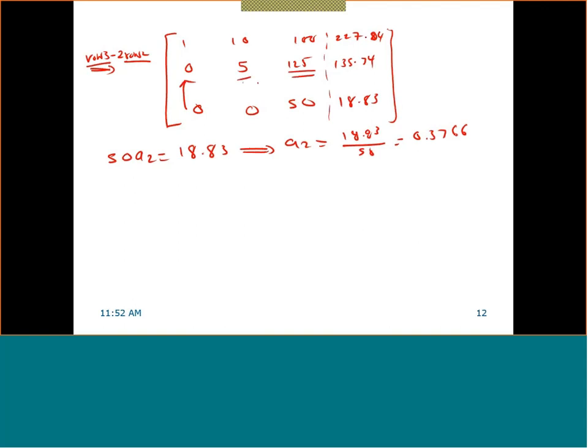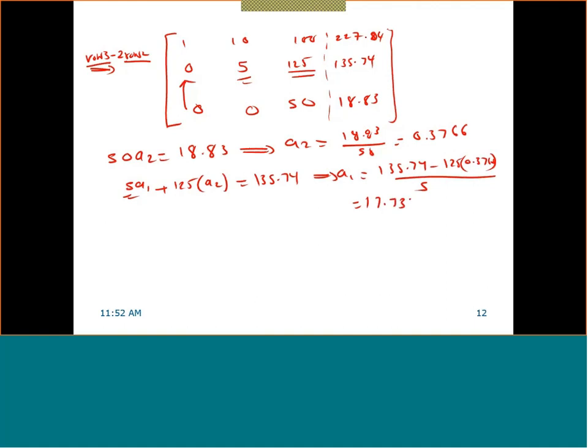So 5 of A1 plus 125 of A2 equal to 135.74. So your A1 is equal to 135.74 minus 125 times A2, which is 0.3766, divided by 5. And from this, you can find A1 is equal to 17.733.